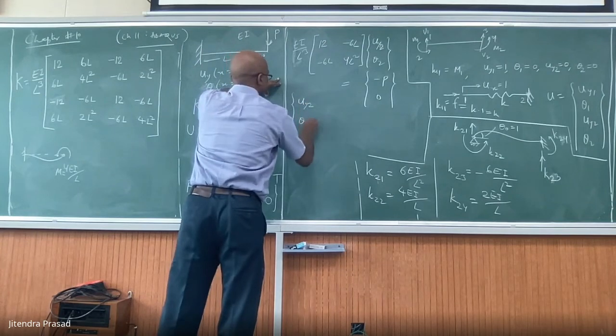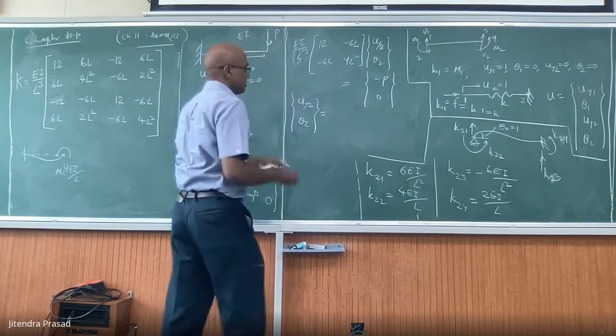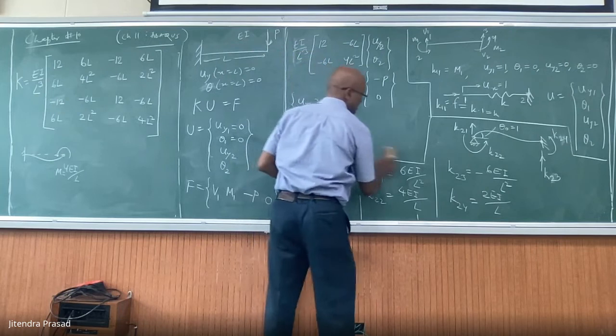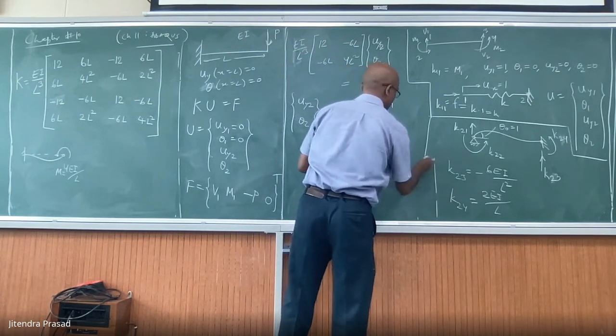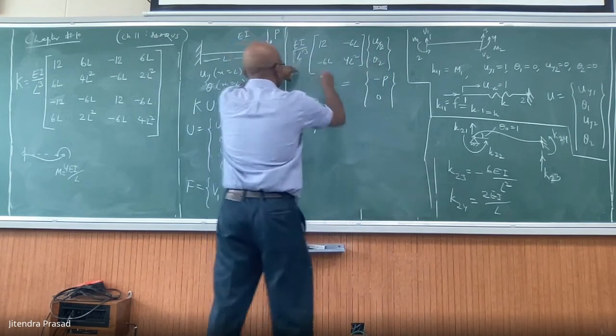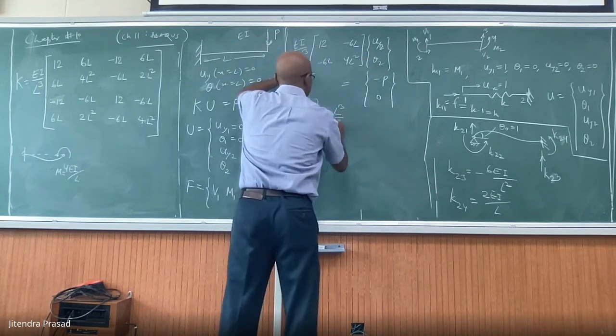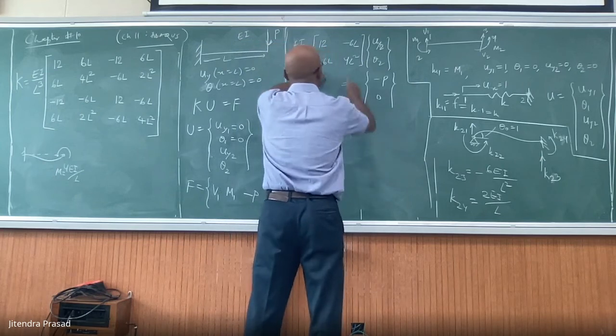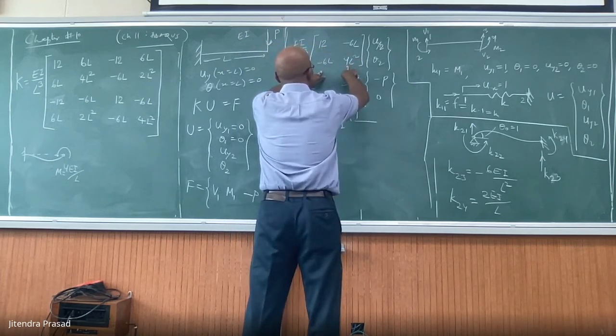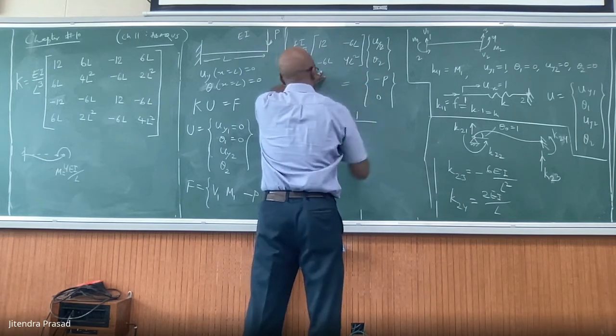Then what do you get? Uy2, theta 2 is equal to L cube over EI, then 1 over 48 L square minus 36, so 12, is it 12?